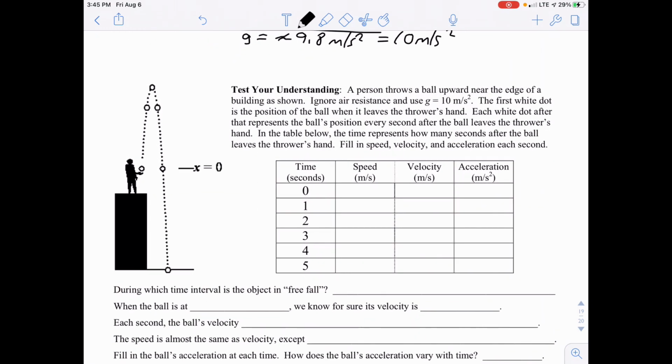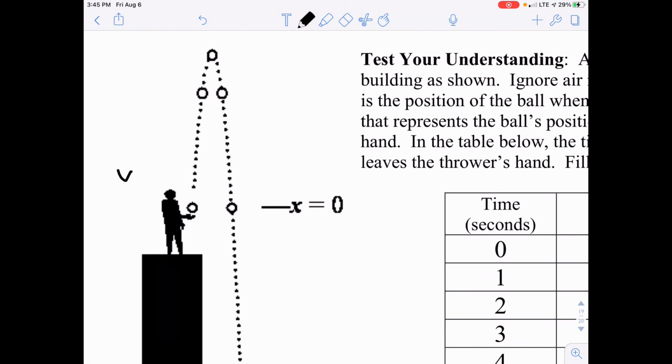Okay, now if you struggled with this at first, it's probably because we were lacking some information to start with. So let's try this now. Let's start with velocity. Initial velocity equals 20 meters per second. Each one, this would be at time equals 0 right here.